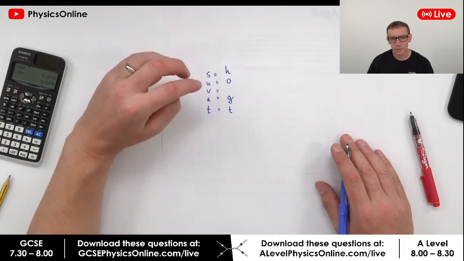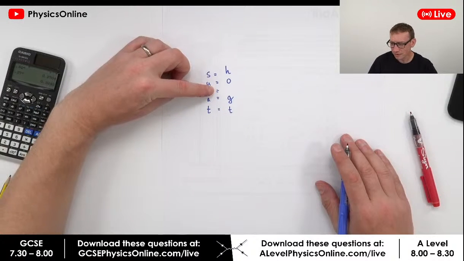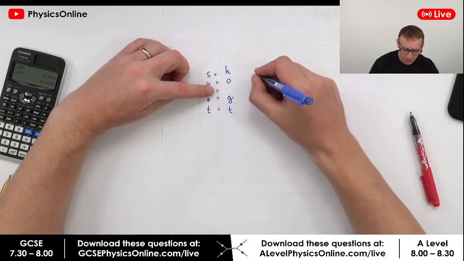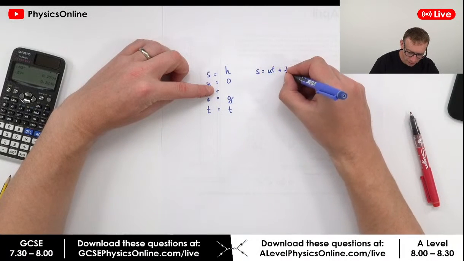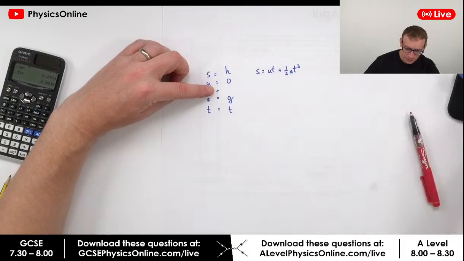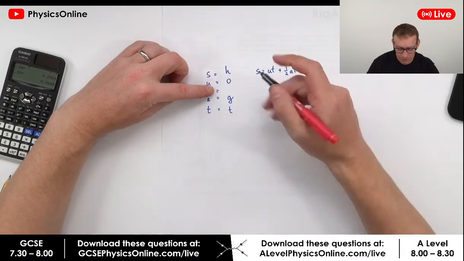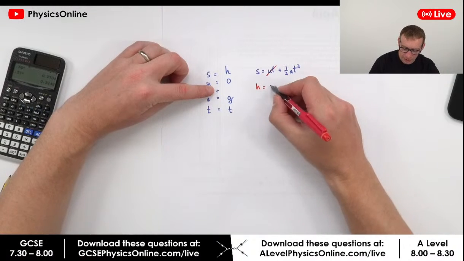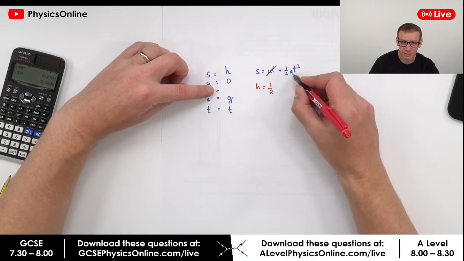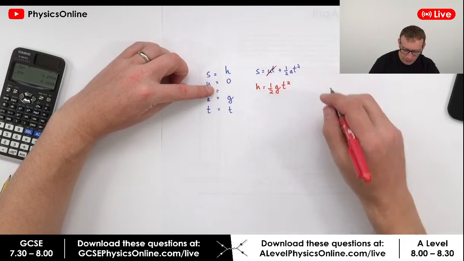Okay, so what we want to do is have a SUVAT equation that doesn't have a v term in it, and we can therefore say that s is equal to ut plus a half at squared. But of course, using the things that we have, the distance it falls is h, ut goes to 0, and h is equal to a half times a t squared, which is g t squared.